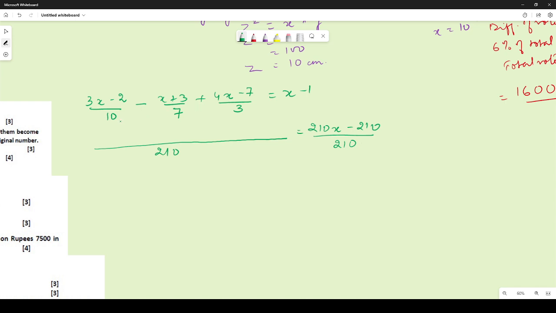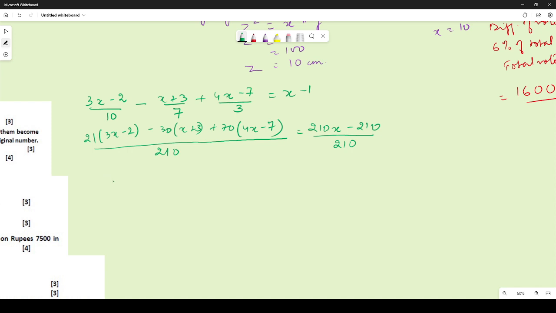So this is 10, so this will be multiplied by 21 times. So this becomes 21 into (3x minus 2), minus, now this is 7, so this will be multiplied by 30 times, (x plus 3), plus, this is 3, so this will be multiplied 70 times, (4x minus 7).